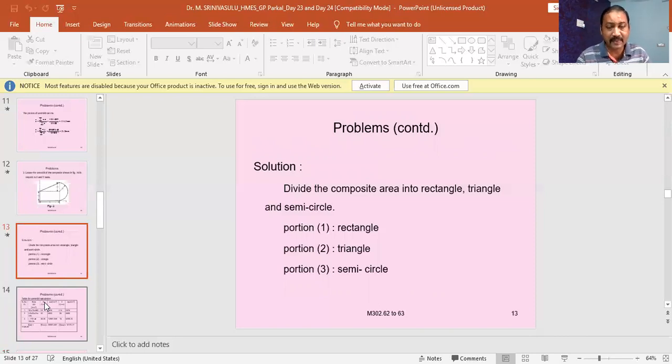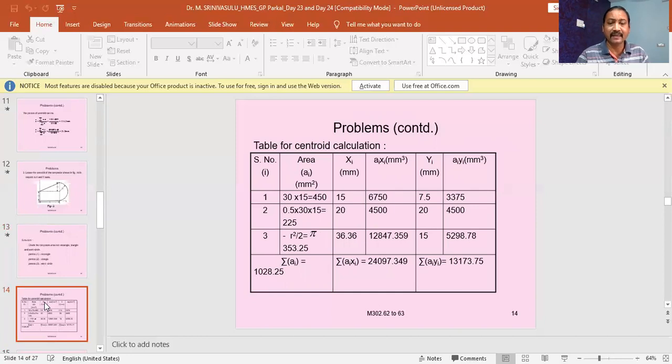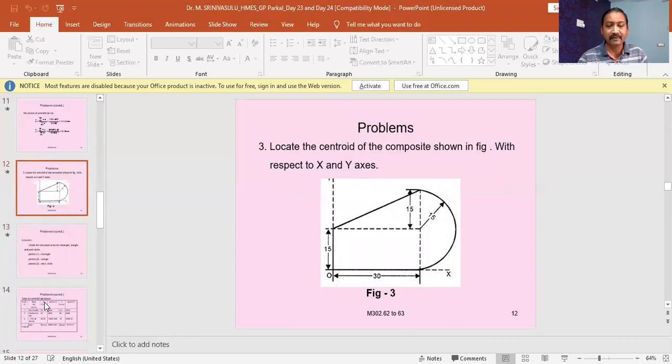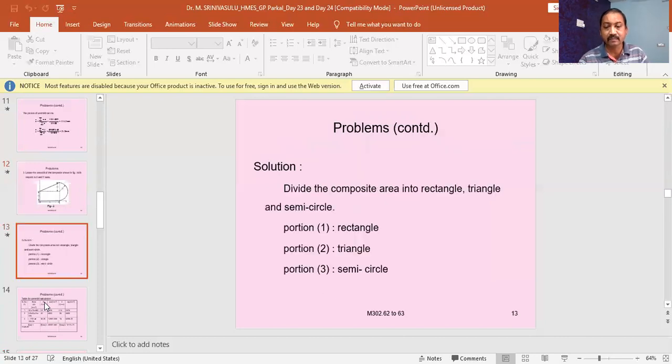Now the dimensions will be known. For the rectangle we know 30 by 15, and for the triangle it is 30 by 15, that is, 30 is the base and 15 is the height. And for the semicircle, the radius is equal to 15 millimeters.